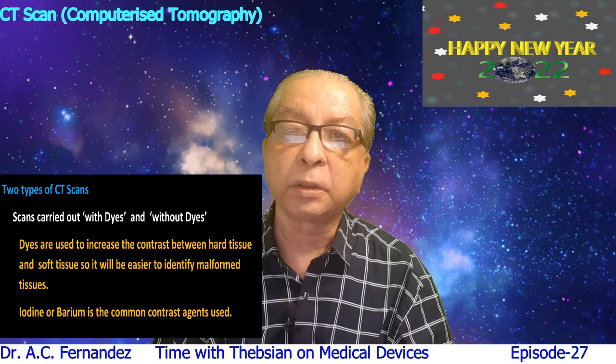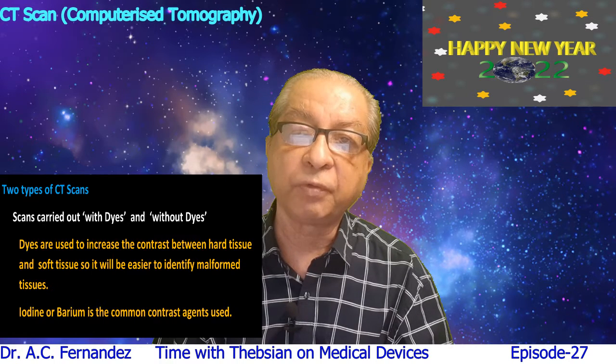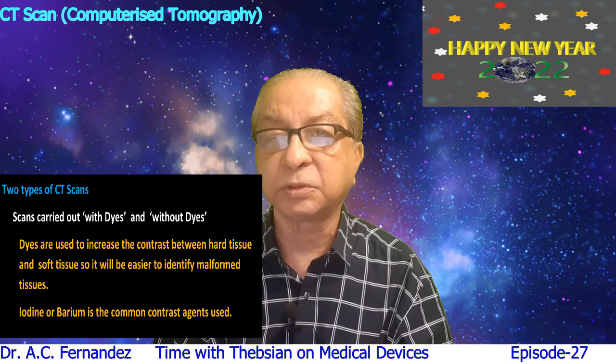Iodine and barium are the very common dyes used for CT scan, and if doctor wants more specific pictures, he may advise some other dyes, which are always tested for safety by the pharmaceutical company which manufactures it.